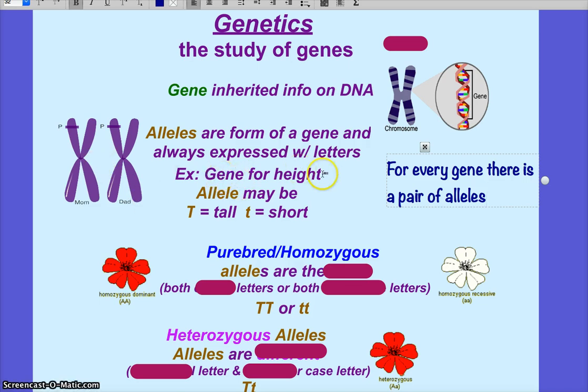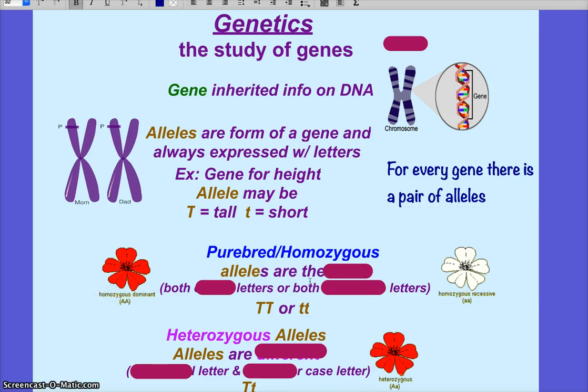So the gene for height, okay, the allele may be, not necessarily always, a capital T for tall and a little t for short, okay? That's an allele for height. So you see here, you got the capital A, little a.